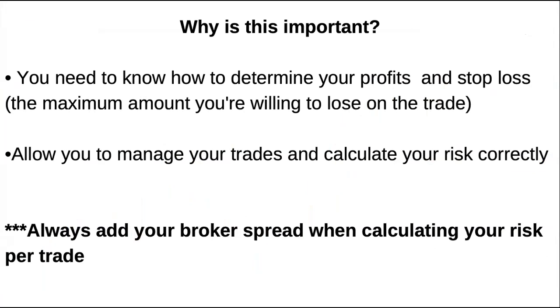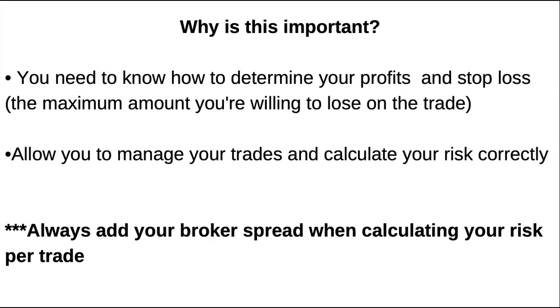So you always want to make sure that you are adding in your broker's spread when calculating your risk too. So say, for instance, your broker is charging 5 pips in spread per trade, and your spread can also vary based on the time that you are trading as well.